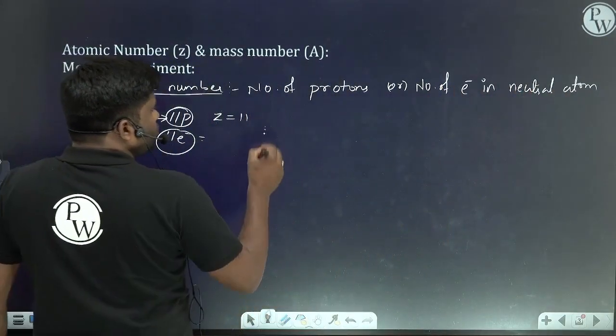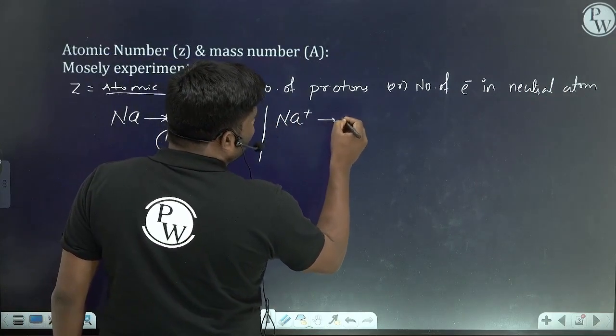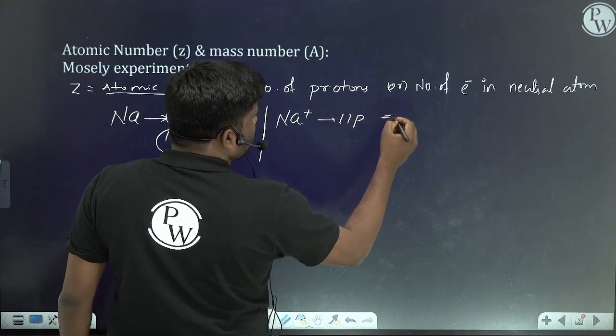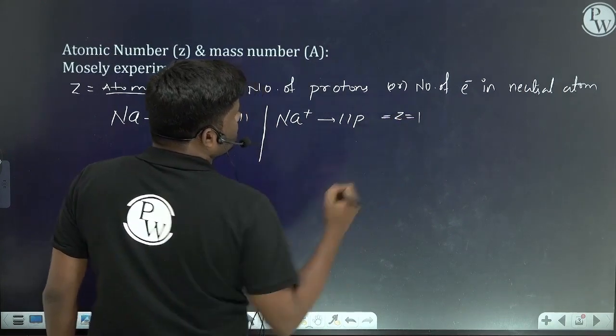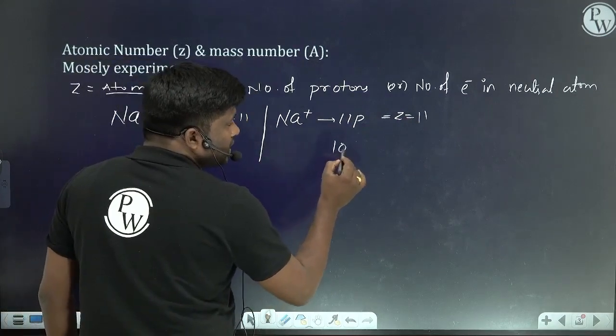But if you take a sodium ion, the number of protons is 11 only. So protons equal atomic number, right? Atomic number 11. But here the number of electrons is 10.